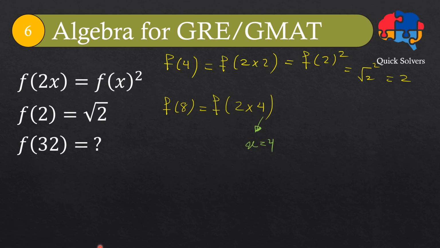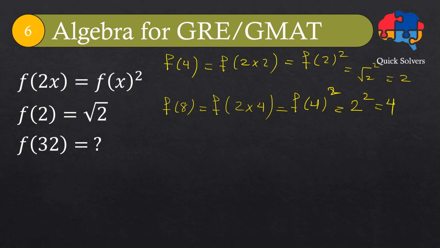And this is again very important because if I can write it in this format, I can find f of 2 times x by having f of x to the power of 2. So this equals f of x, which is f of 4 in this case, to the power of 2. And we have already calculated f of 4. We know f of 4 equals 2. So this equals 2 to the power of 2, which is 4. So f of 8 is 4.